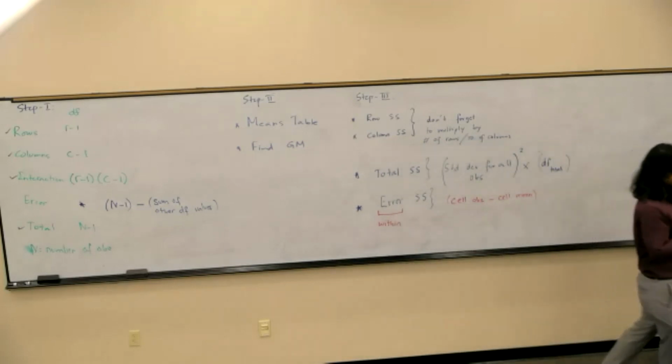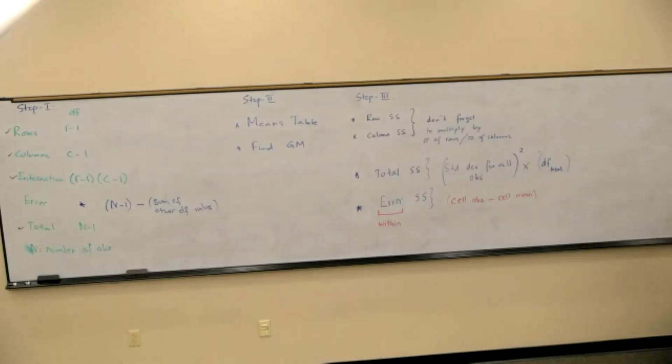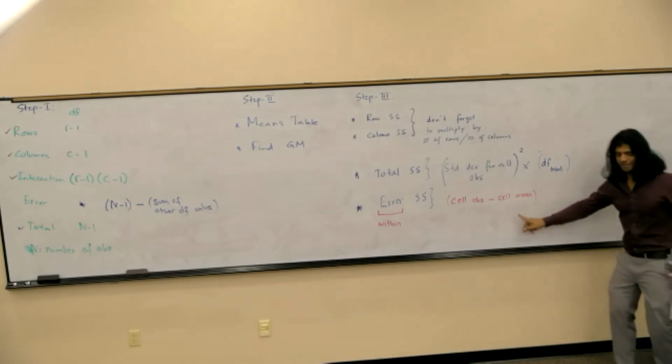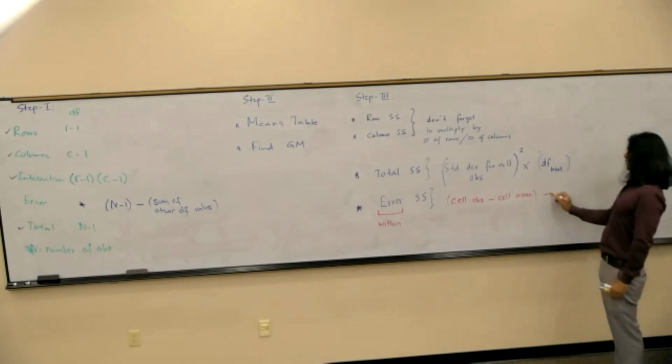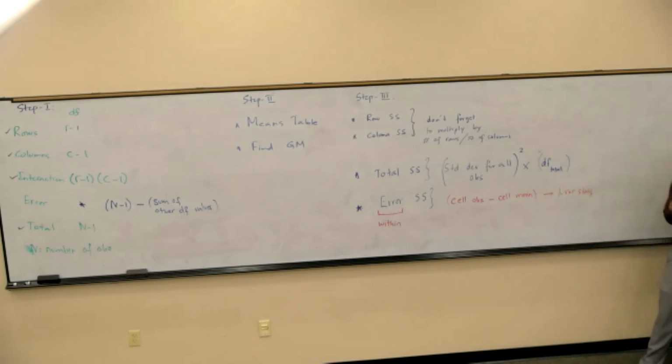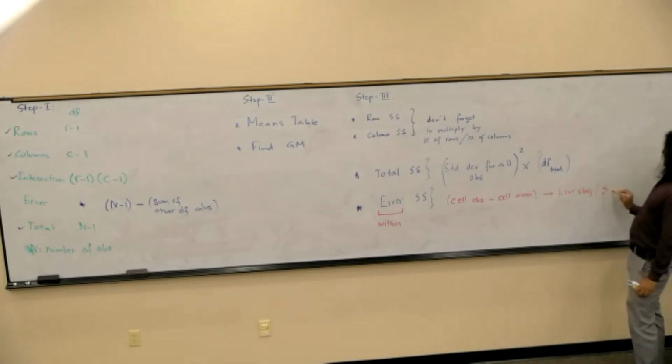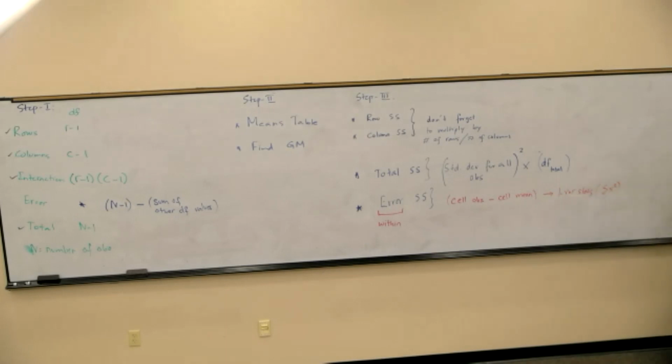Each cell observation minus the mean of that cell, not the grand mean, the cell mean. Then you do one last pass for that list, and you will find error SS.